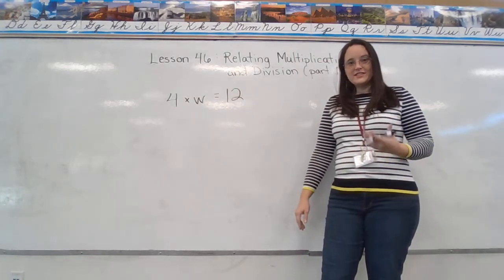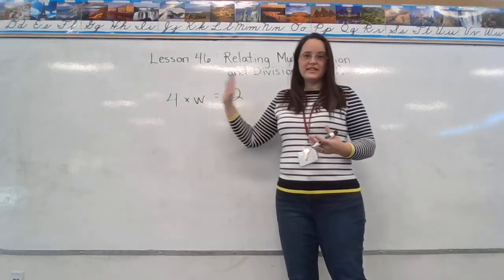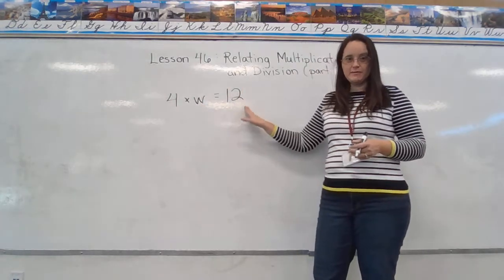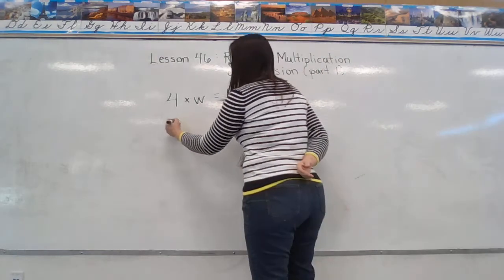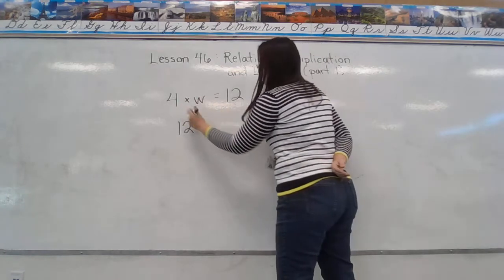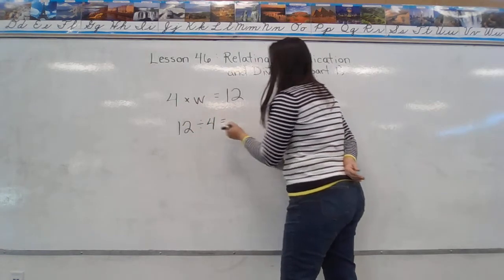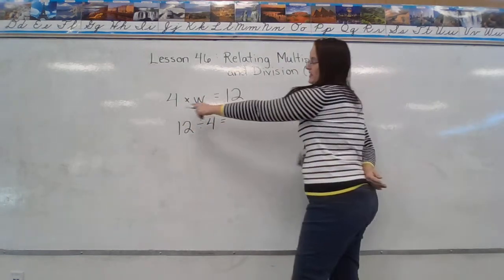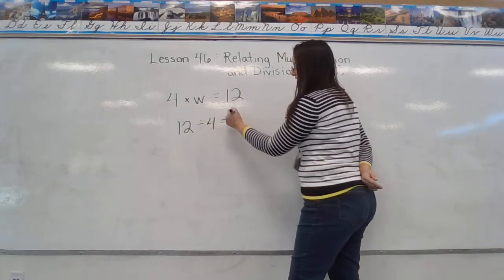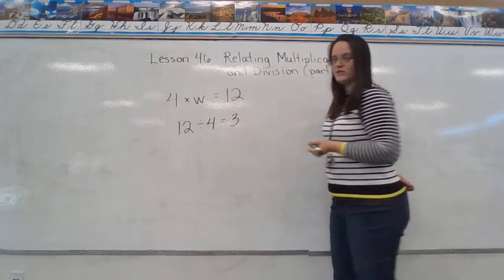One way I can solve that is by using a division problem to undo the multiplication. I would take my product, 12, and say 12 divided by 4, this factor, equals, well, I know 4 times 3 equals 12, so 12 divided by 4 equals 3.